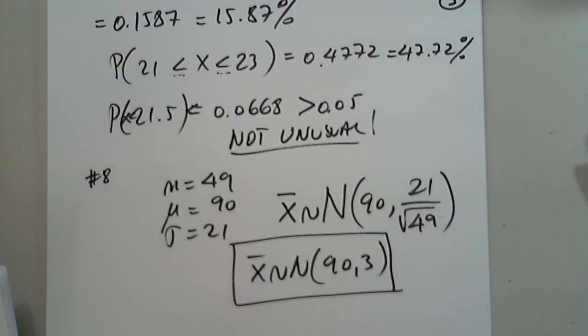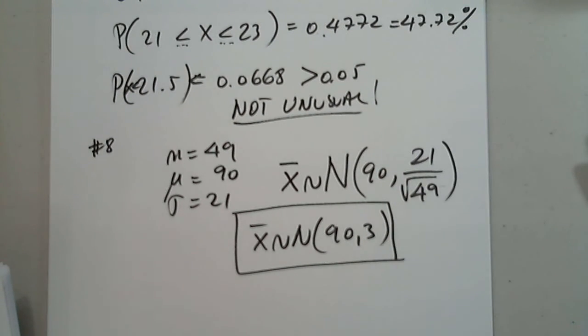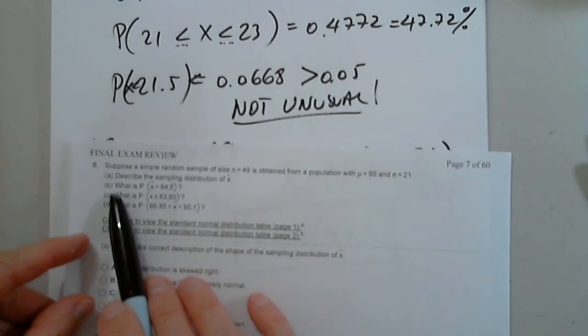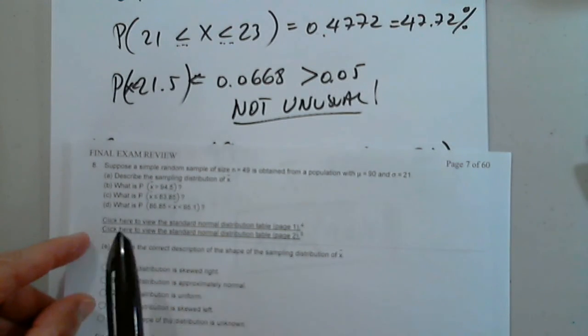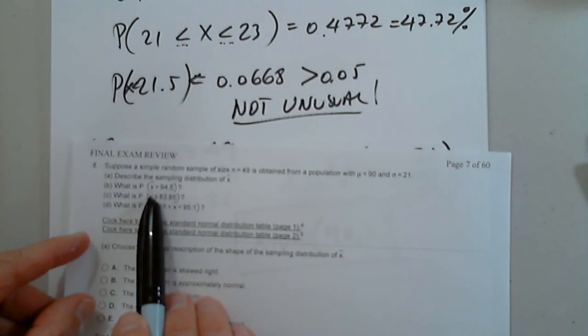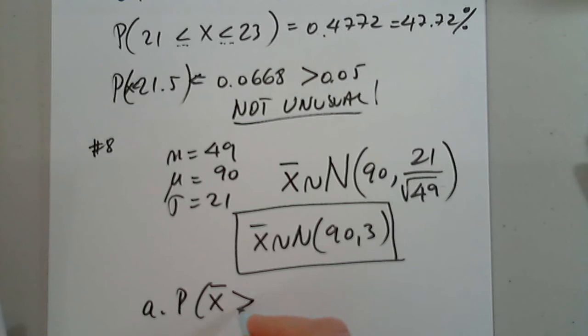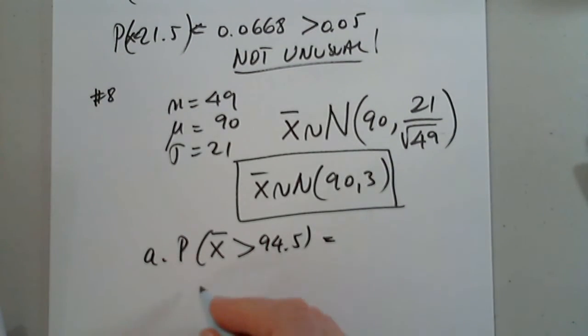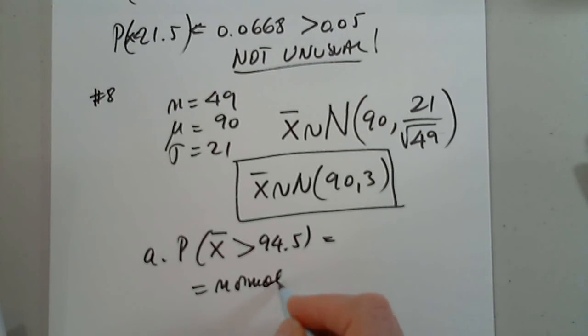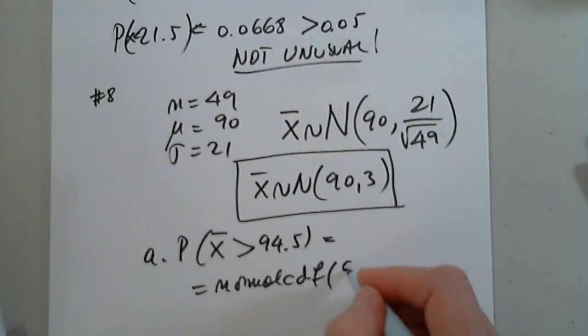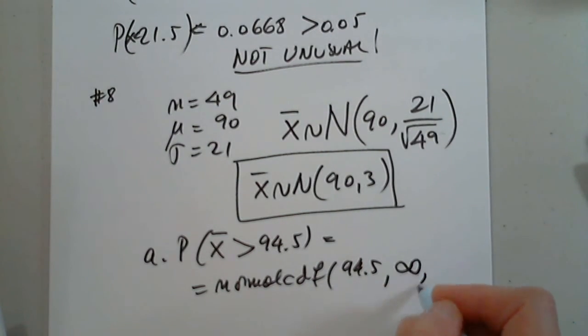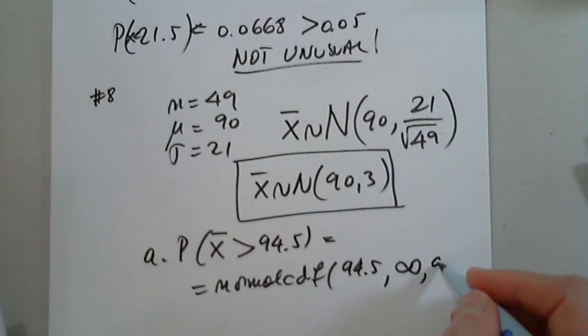And this is the sampling distribution of x bar, and that answers part A. Now they want the probability for x bar to be greater than 94.5. In part B, x bar greater than 94.5, and I use normal CDF from 94.5 to infinity, mean, standard deviation.